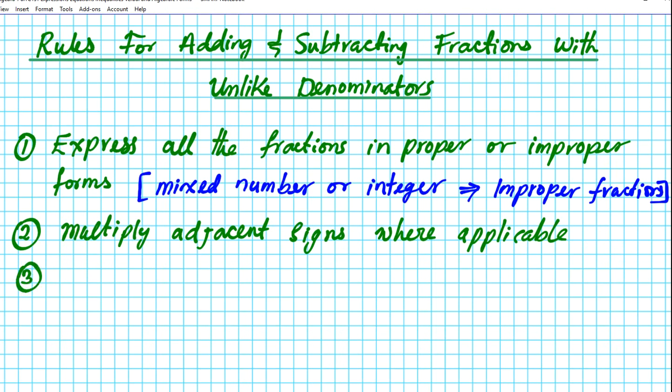Now the next thing you have to address is the fact that the denominators are different. So since the denominators are different, as highlighted in the term unlike denominators, what you're going to do is find the LCD of all the denominators.